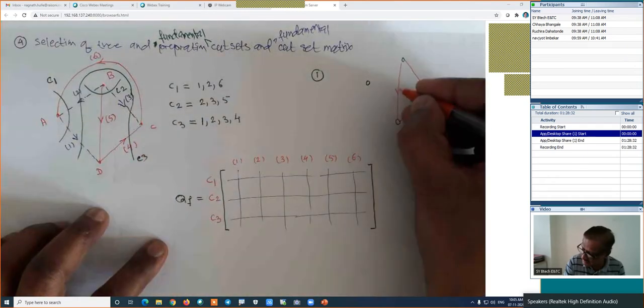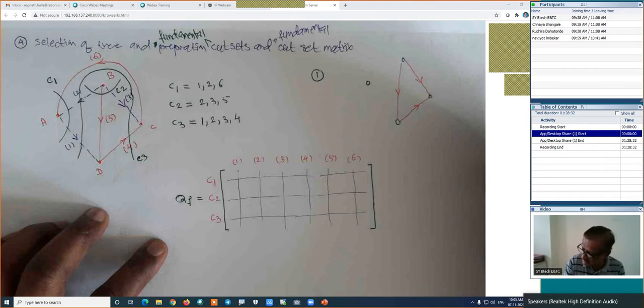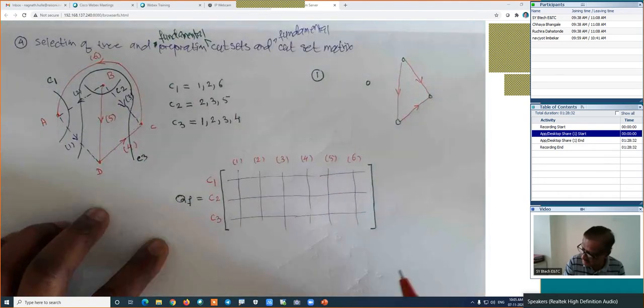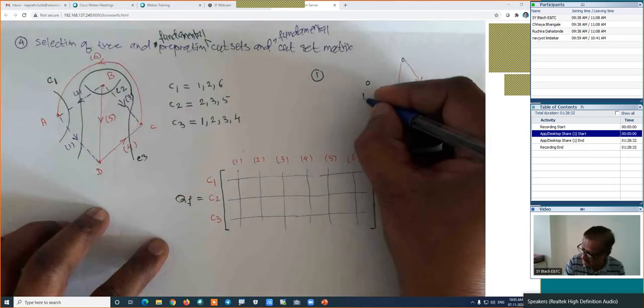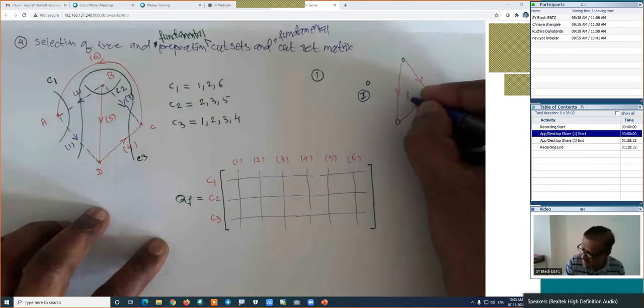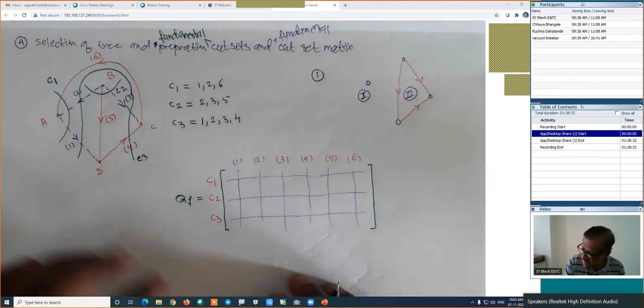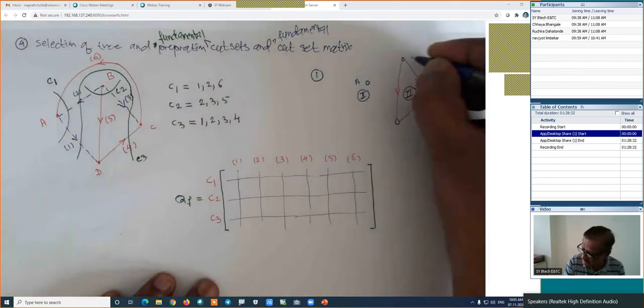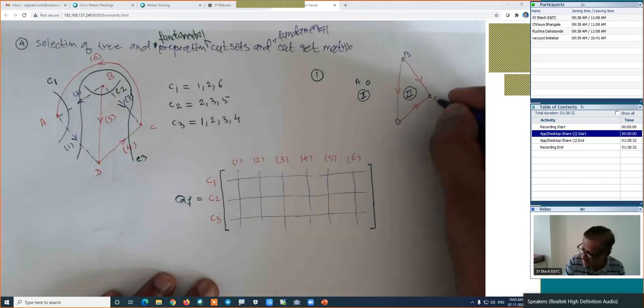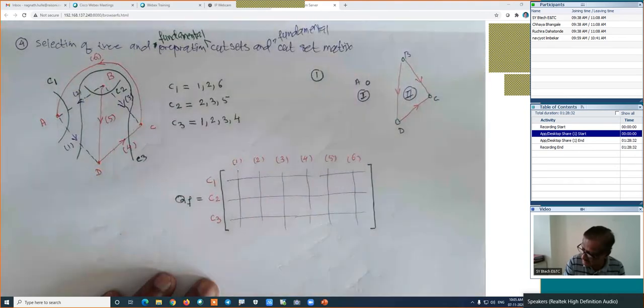It is downward, this is upward, and so on. But here, in this case, the figure is divided into two parts. This is the part number 1 and this is the part number 2. Is it right? This is the node A, this is the node B, this is the node C, and finally it is the node D. Means now the figure is divided into two parts.